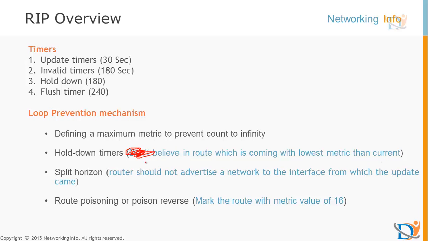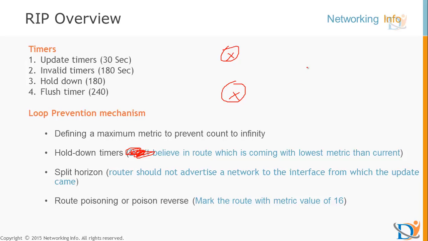So the hold down timer says you are learning the same route which has gone down via another network or another neighbor, but only update when the metric value of that route is lower than the current. That's it.